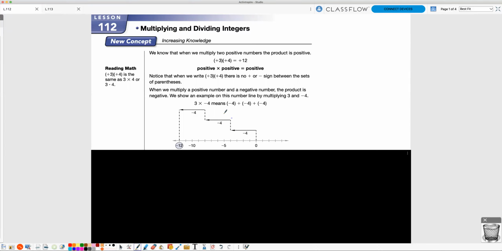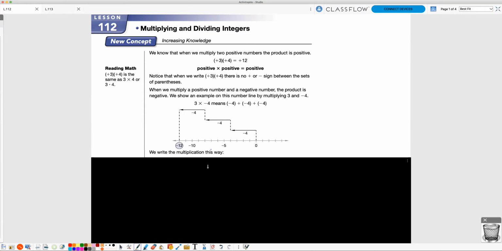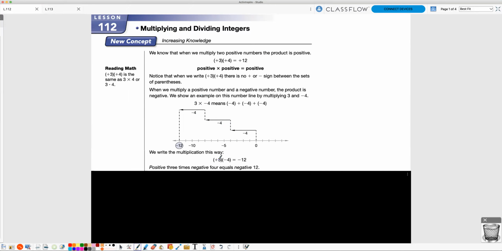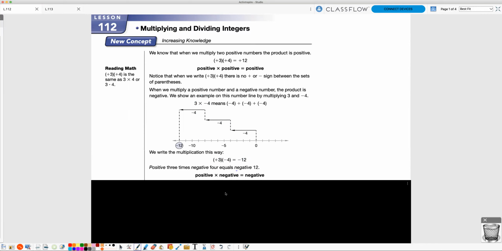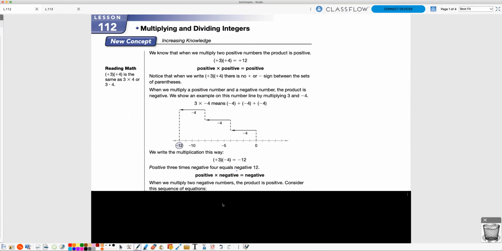Those will end up being a negative 12. We write the multiplication this way: positive 3 times a negative 4 equals negative 12. Positive times a negative equals a negative answer.